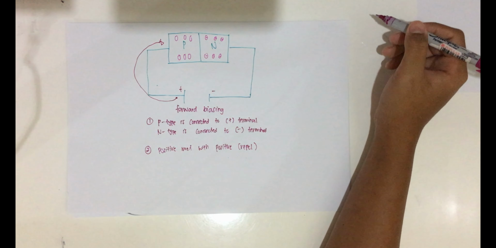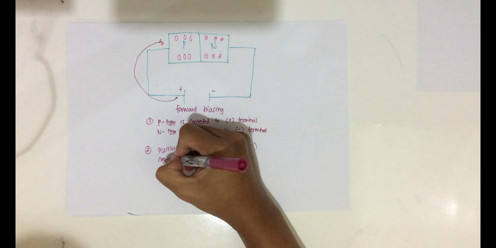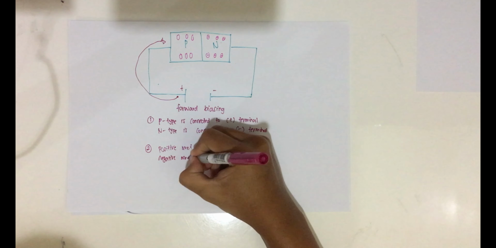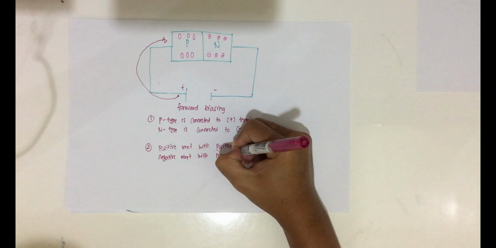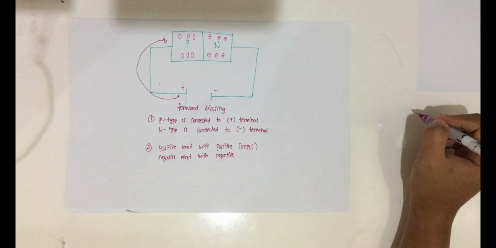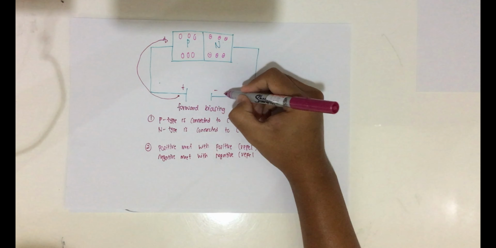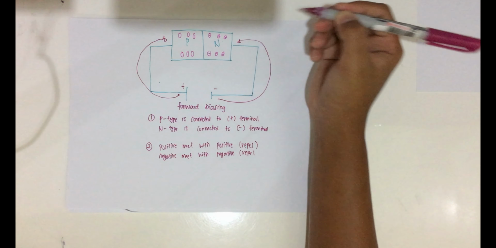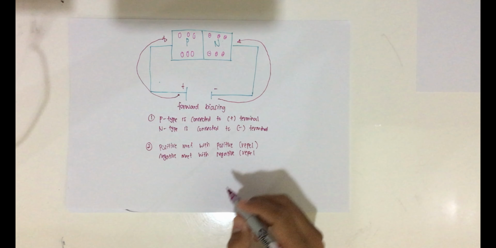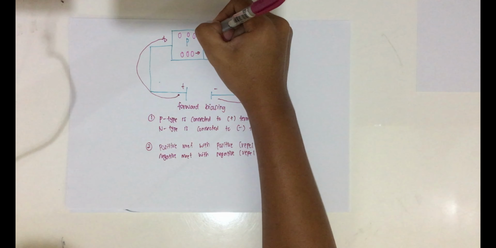The same thing goes to the N side, when negative meets with negative, the same process also occurs, which is repel. So the negative charge here will repel the electrons towards the junction. So holes here will move towards the junction, and electrons here will also move towards the junction.